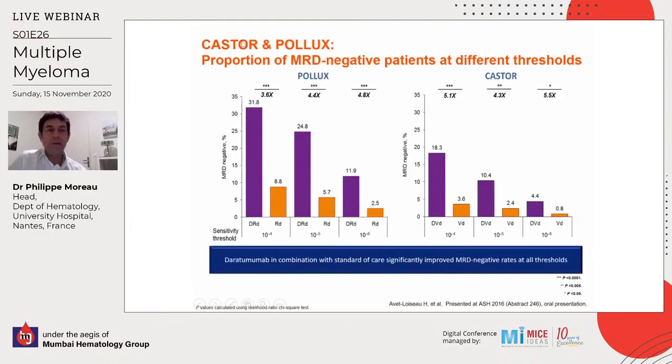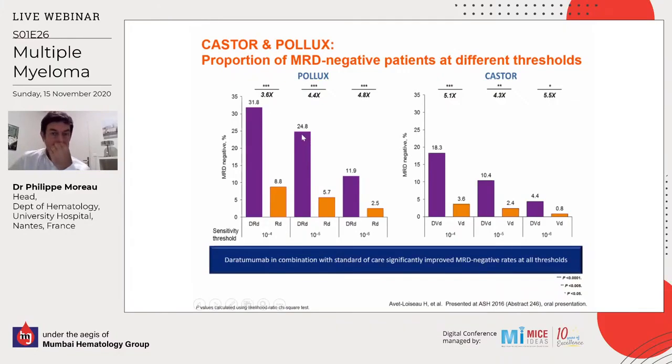These are the data from the Castor and Pollux study. Pollux looked at Lendex versus Lendex daratumumab. Castor compared VD in the relapse setting versus VD plus daratumumab. And when you are looking at MRD negativity rates at different threshold, 10 to the minus 4, 10 to the minus 5, 10 to the minus 6, there is always a benefit with the addition of daratumumab.